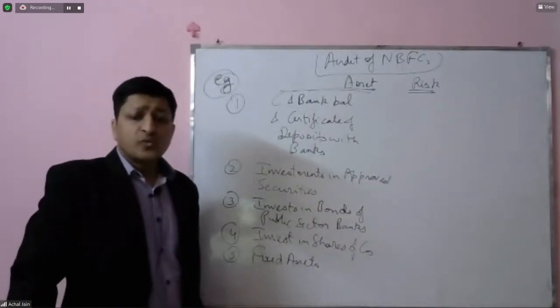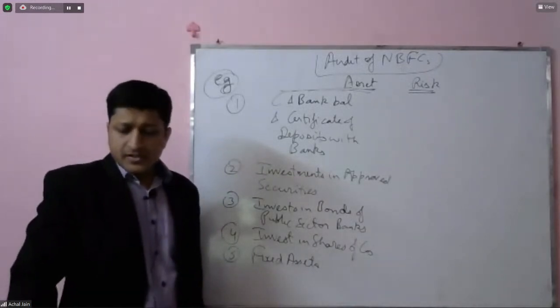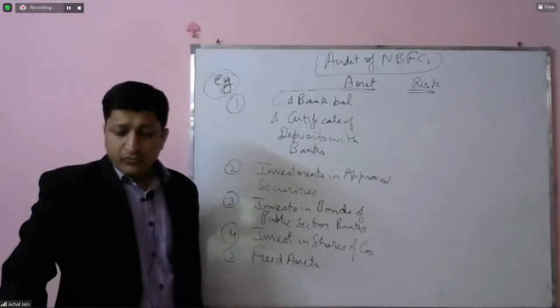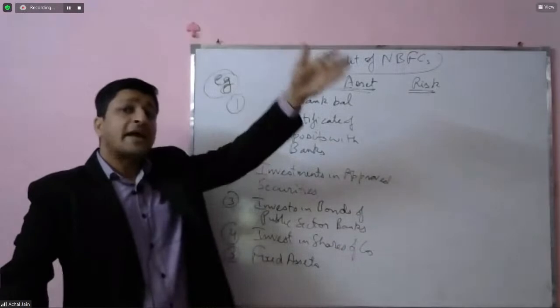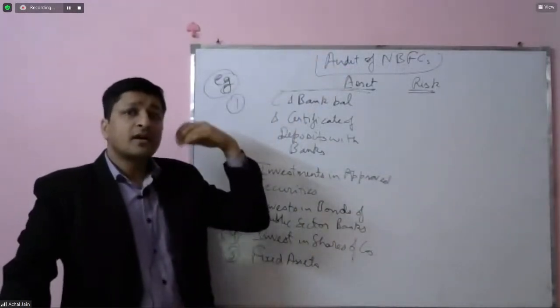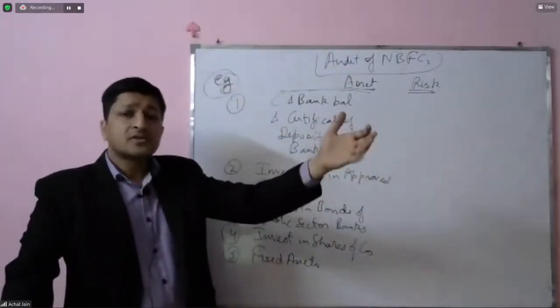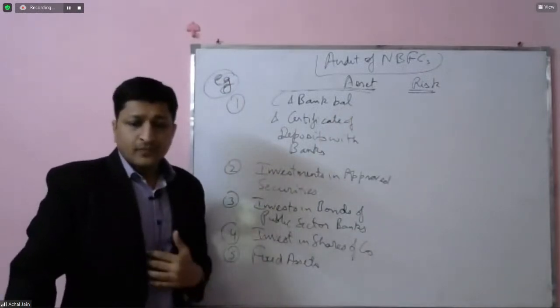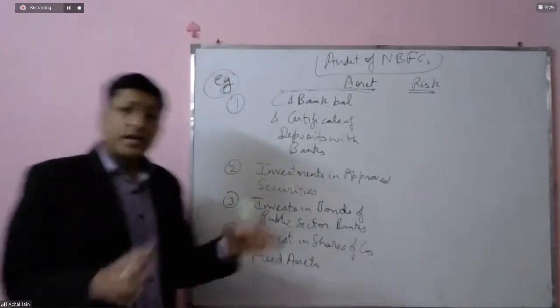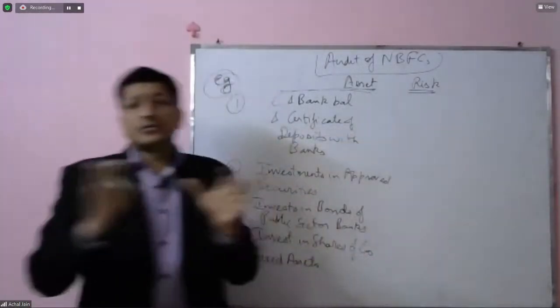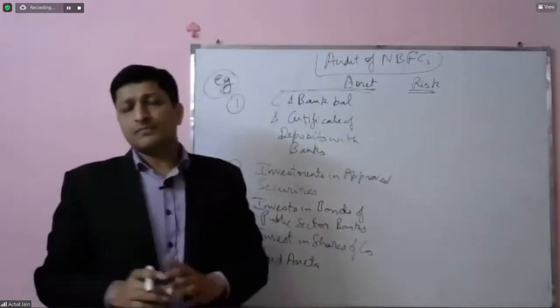When it comes to cash and bank balances, which are maintained with banks, NBFC may also have a bank balance. NBFC may also have a fixed deposit with any other bank. Now, in relation to this, it is assessed. And who assesses this? The regulatory authorities. You can say RBI, for example.